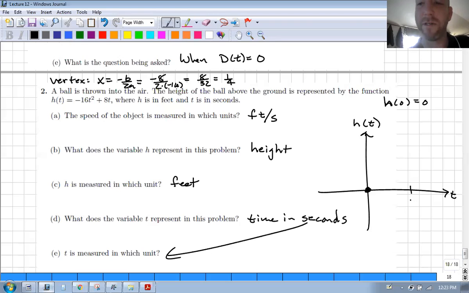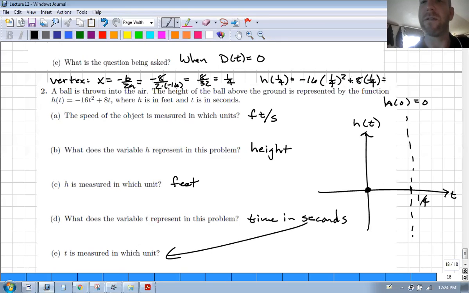So let's go here at 1/4. All right, so that's our axis of symmetry. So at 1/4 of a second is when it's going to be at its maximum height. What the maximum height is going to be, we need to plug 1/4 into our function. We got negative 16 times a 1/4 squared plus 8 times a 1/4.